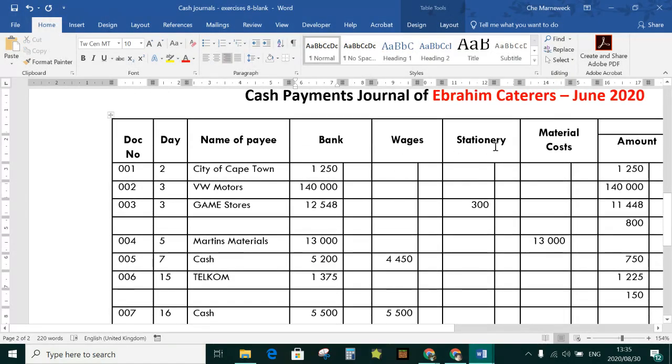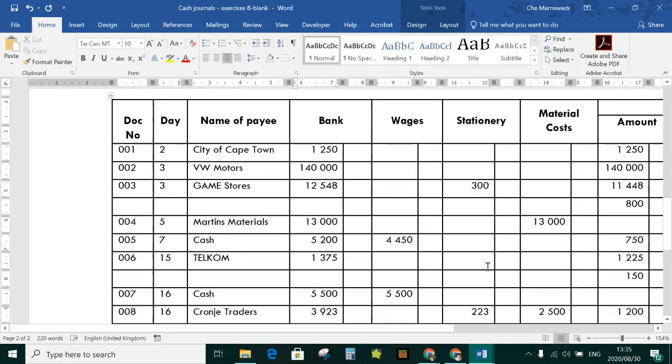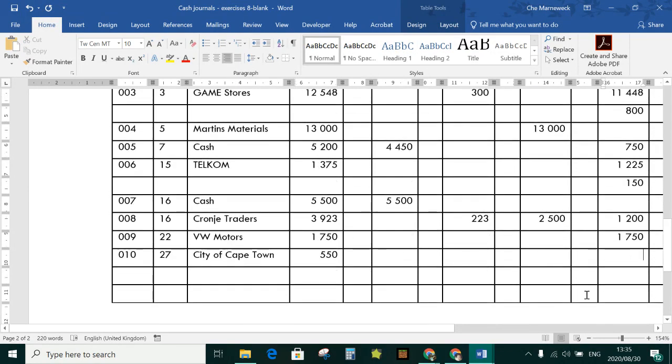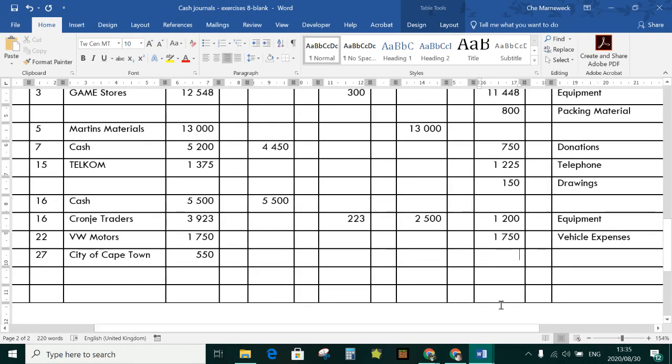We don't have a column for rates and taxes or water and electricity, so both of these are going to be sundry accounts. Make sure we're on the same line. So 350 Rand is rates and taxes. And we drop to the following line. 200 is for water and electricity.